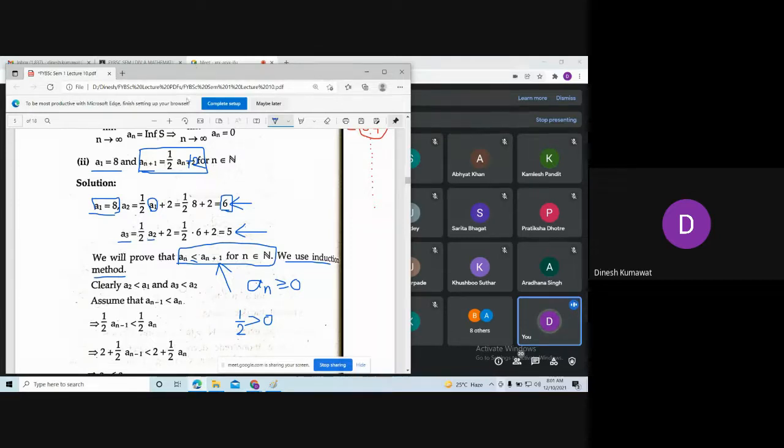See, you just need to check, can it be less than 0? How are you going to argue that this sequence a_n is not less than 0?